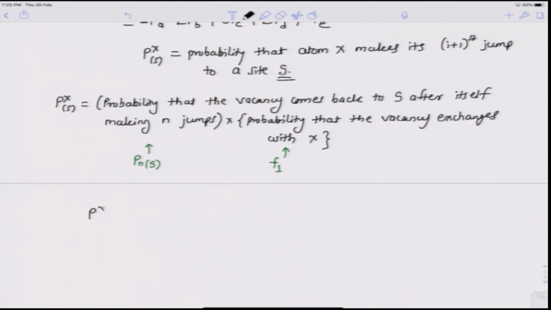We know P_xs is equal to P_n(S) times F_1.